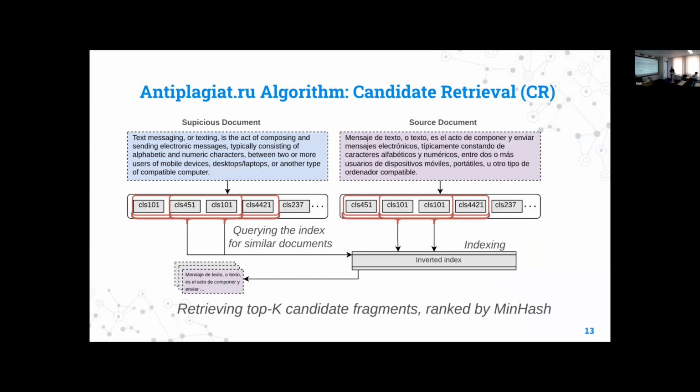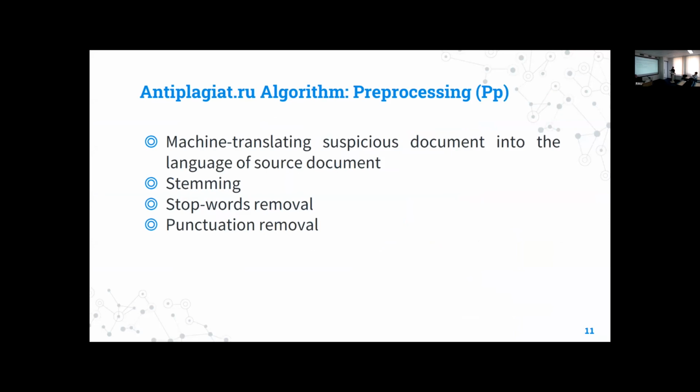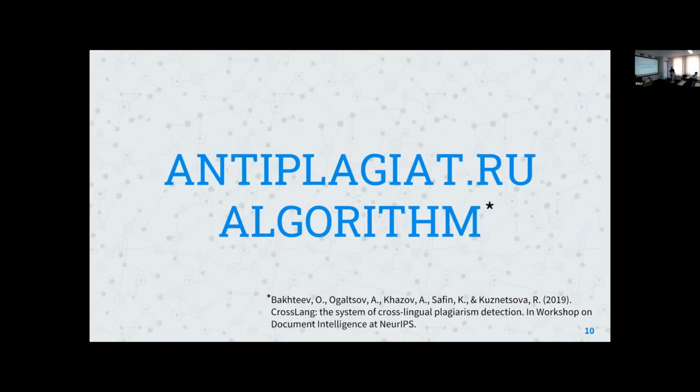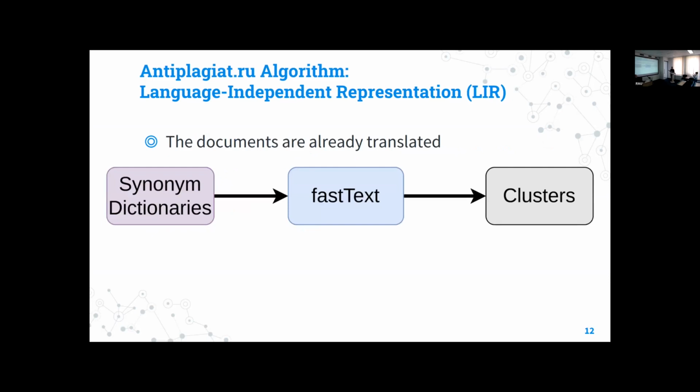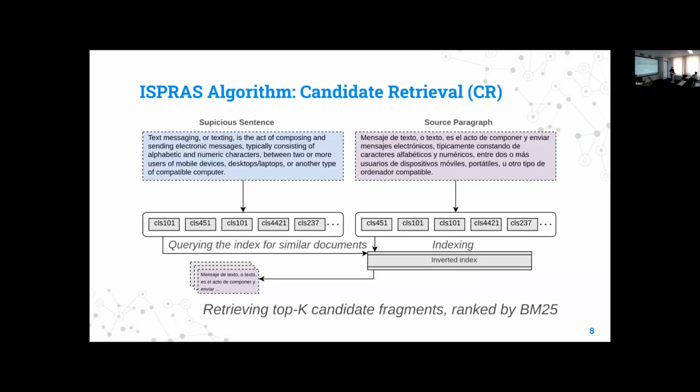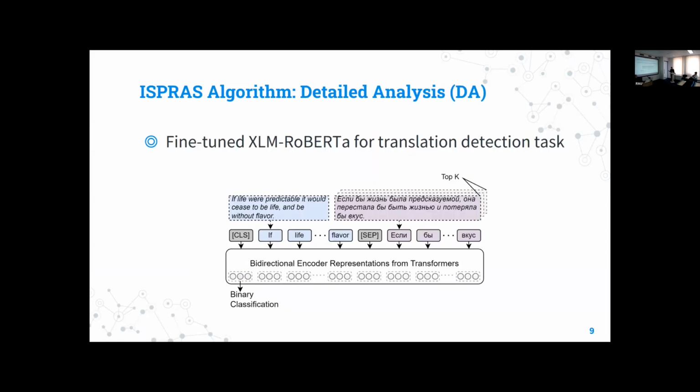Okay, actually, thank you for your question. The difference came from each part. For example, the candidate retrieval step for the anti-plagiat algorithm had more precision than the ISPRAS algorithm had, and the detailed analysis itself too. So both main parts, the candidate retrieval part and the detailed analysis part, show the same.